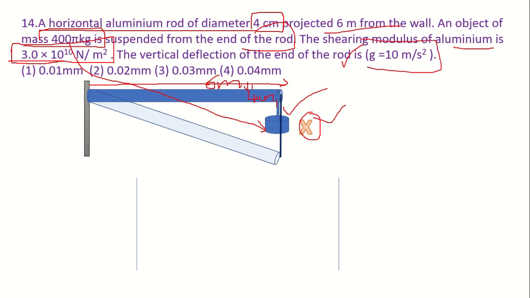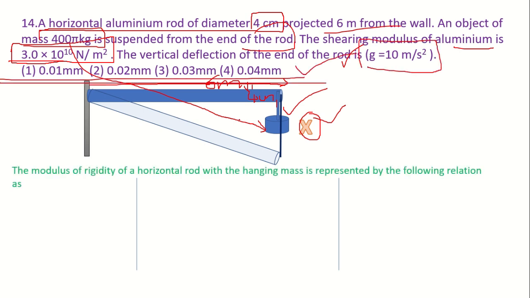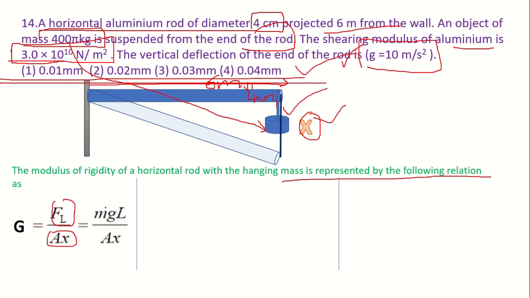G is also given. We know that the modulus of rigidity of a horizontal rod with the hanging mass is represented by G equals FL upon Ax. We know that F is equal to mass into g into L, that is, mass is 400 pi, and g is given.